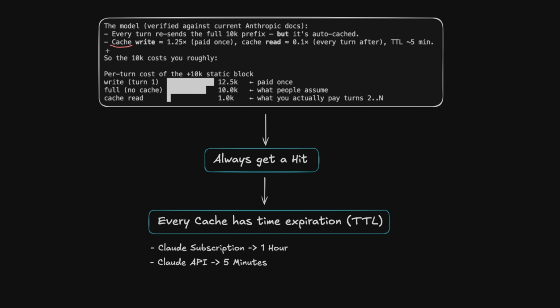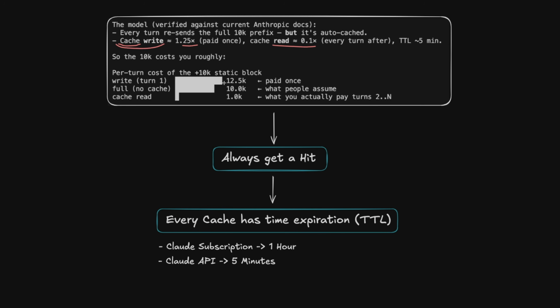The first time we send this static context, we're going to do a cache write, and we'll pay 25% more for this request. When we read from the cache, we're going to pay only 10% of the original costs. It means that in the first time we're writing to the cache, we'll pay 12.5k, and after that, every time we have a cache read, we're going to pay only 1000 tokens, 10% of the tokens we use.